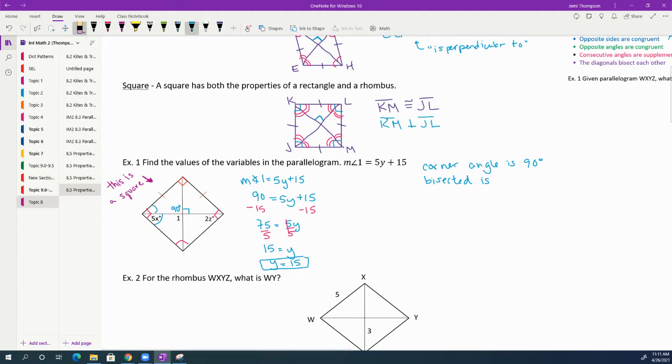Let me rewrite that. Like half of 90 degrees, and that's going to give me 45 degrees. So I can take 5x, set it equal to 45. I can also take 2z and set it equal to 45 because those are going to be the same also.